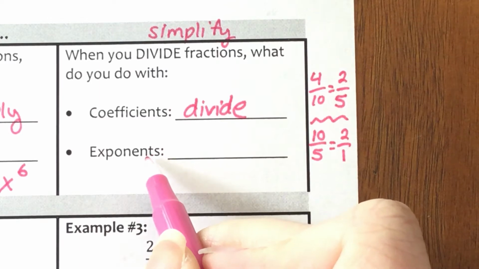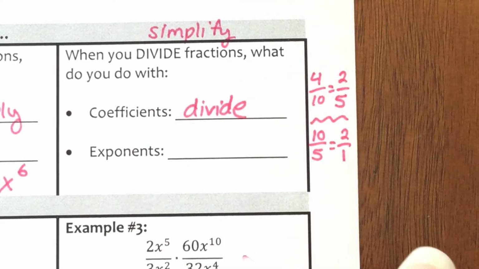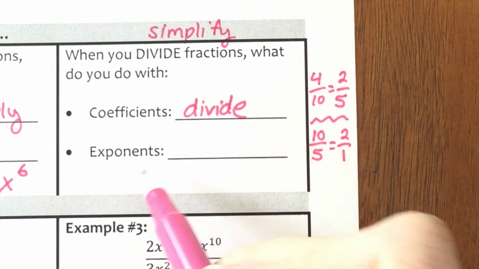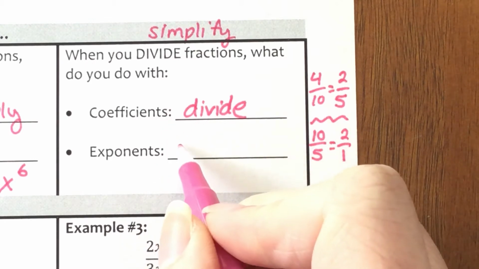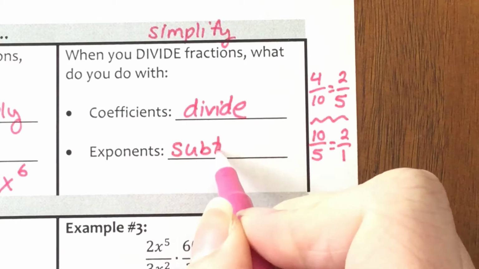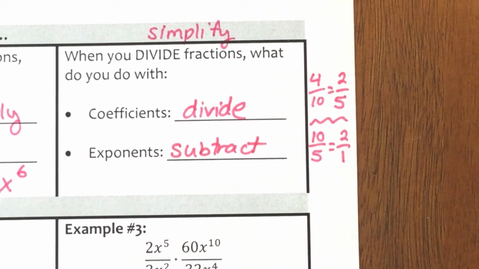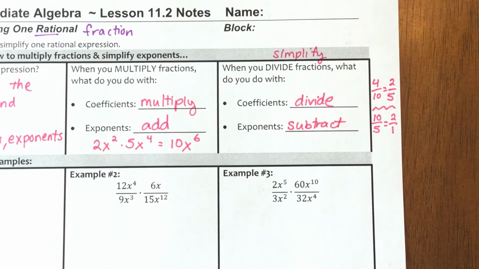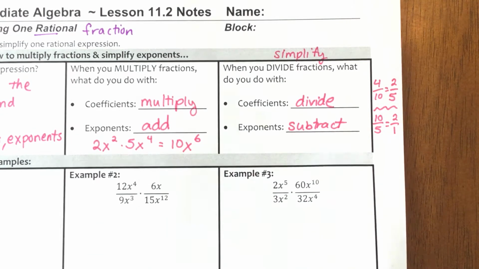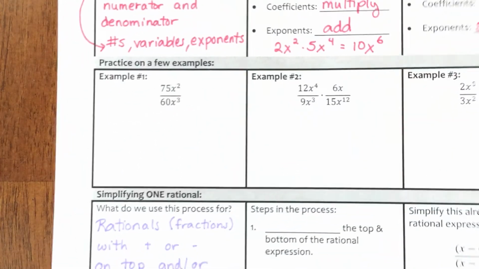We don't do the same thing to exponents as we do to the coefficients. So if it says divide, we do something that is kind of like divide. It actually ends up being subtract. Okay. So for multiply, you multiply your coefficients and add your exponents. For divide, you divide your coefficients and subtract your exponents. Okay. We'll get some more practice with those here on examples 1, 2, and 3.